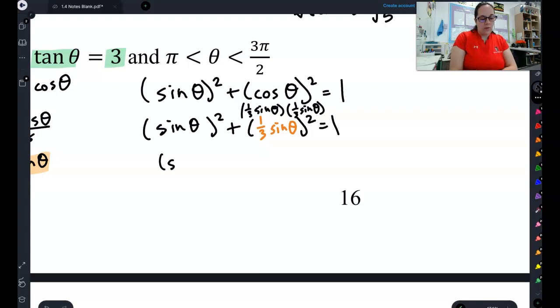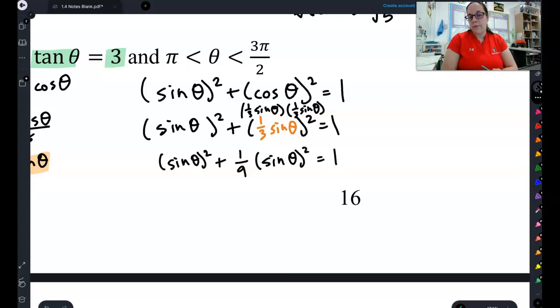So I have 1/3 sine of theta times 1/3 sine of theta, which is going to give me 1/9, because of the 1/3 times the 1/3. And then sine of theta times sine of theta is sine of theta squared.